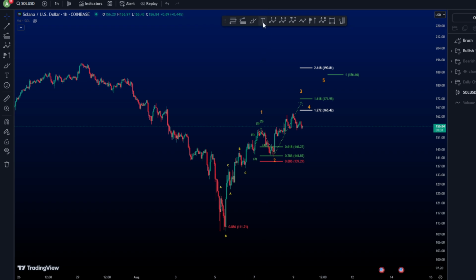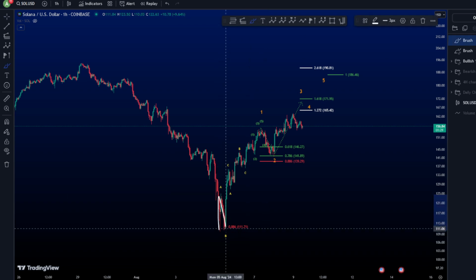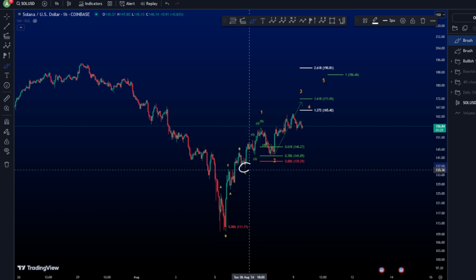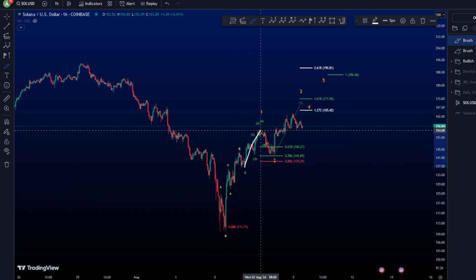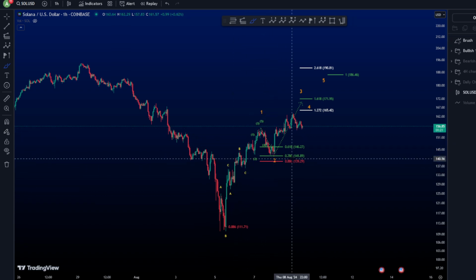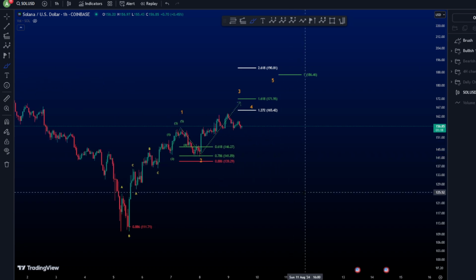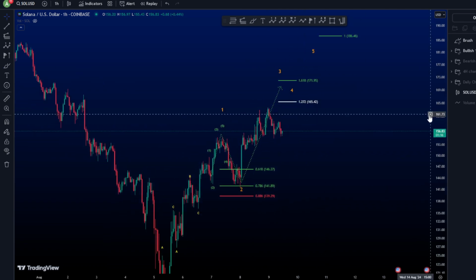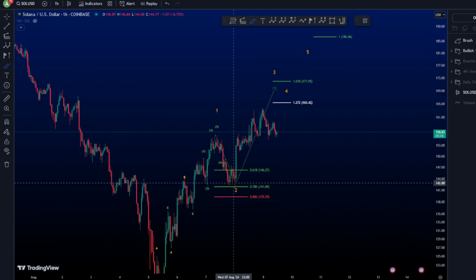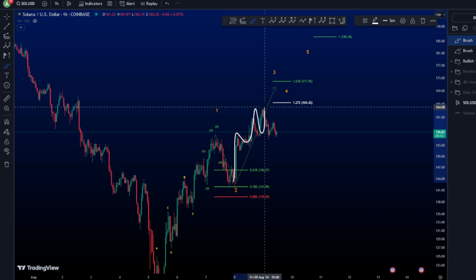Here I still give more bullish possibilities. Why? Because inside Solana, we saw some corrective waves here. It doesn't matter. It's all ABC until this point, where we created a 1 and a beautiful 2, hitting exactly the perfect fib levels for a wave 2 in the green box, and then moving higher and higher.